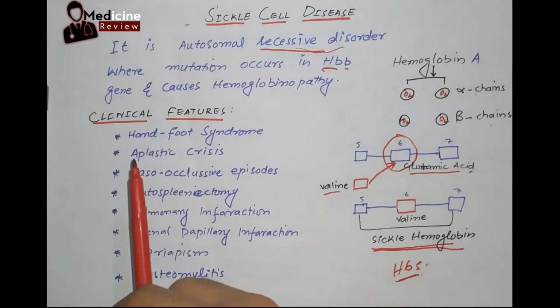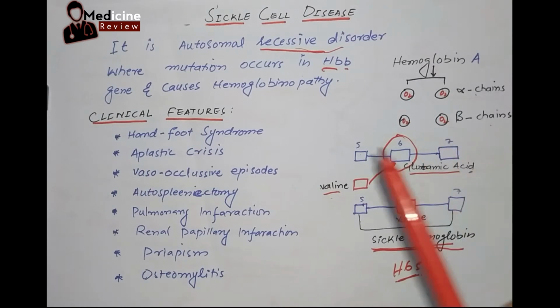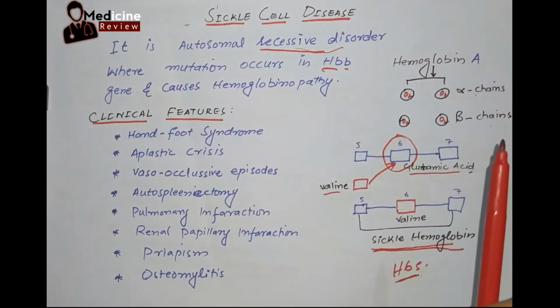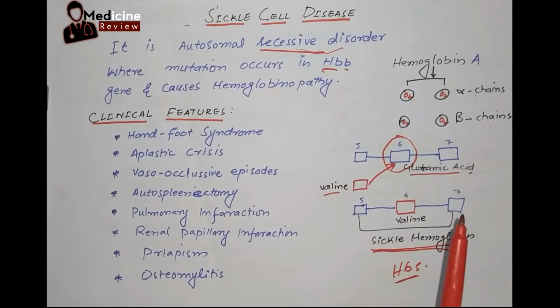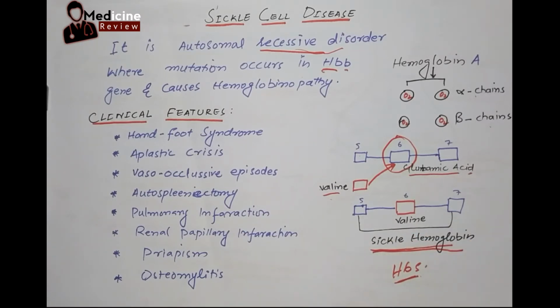Now look at the clinical features. First of all, let me explain the hemoglobinopathy. Whenever there is hemoglobin S, and such a patient is exposed to dehydration, hypoxia or infection, this hemoglobin shrinks and becomes sickle shaped. These sickle shaped cells are very susceptible to death of the RBC.